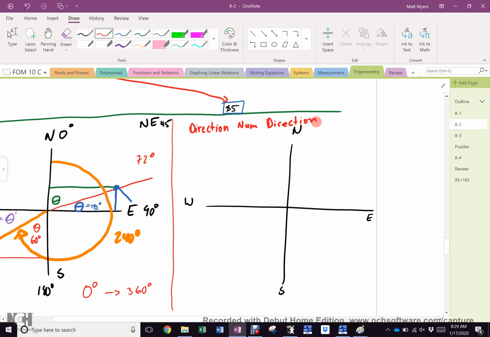So somebody say a direction. West. Now somebody say a number between 0 and 90. 72 and north.